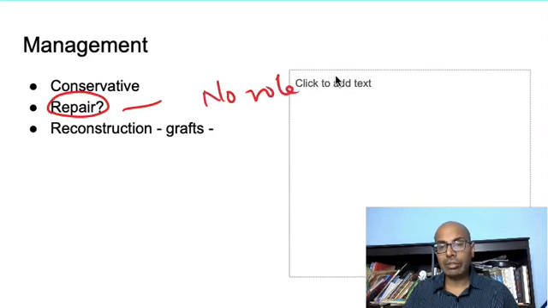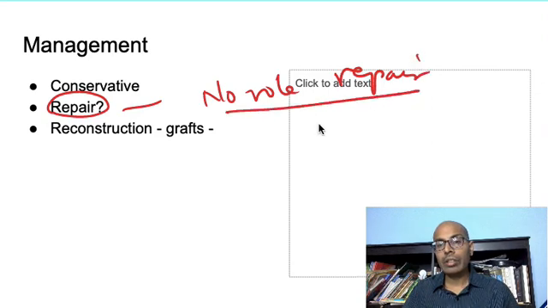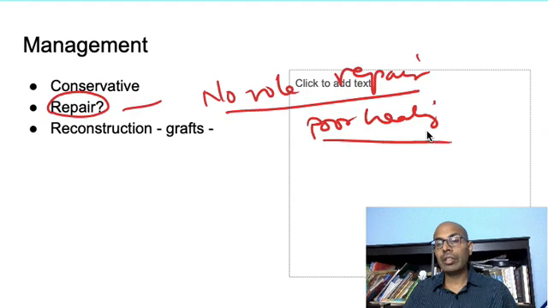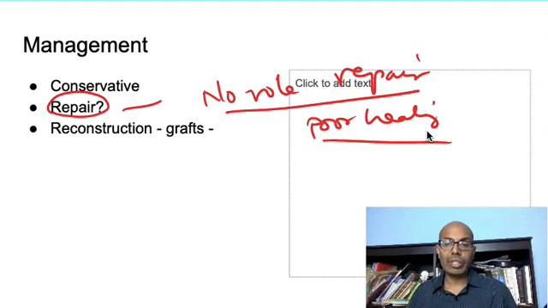It is an intrasynovial structure, and it has very poor healing capacity, and all attempts at repairing it, all the literature, everything shows that repair doesn't work and it is of no benefit, and the patient will not have a successful outcome after repair. So repair is not an option anymore. So please do not take on repair when you get these questions.